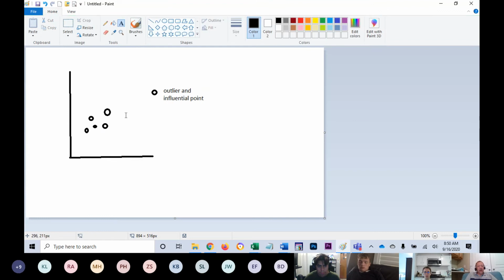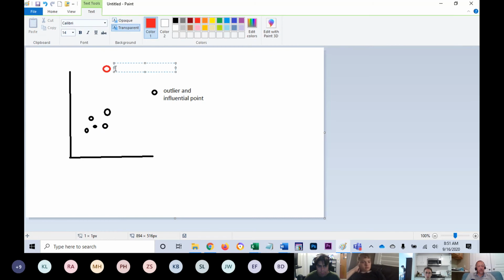Now, maybe I'll pick a different color here, such as red. If I had something that's way out here, this is also an outlier. It would also be an influential point.